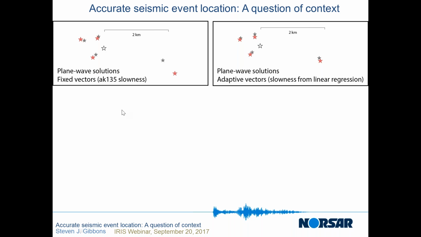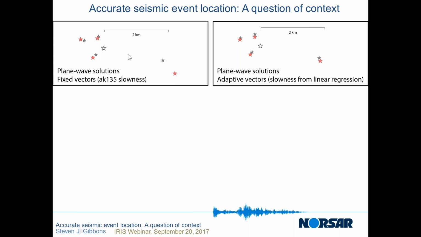On the left-hand side, the grey symbols there are my favourite locations for the first 5 events that we get using these slowness corrections. And I've now thrown away the slowness models and the corrections, and I would say, okay, where should we place these events to optimize the plane wavefront for each of the receivers?